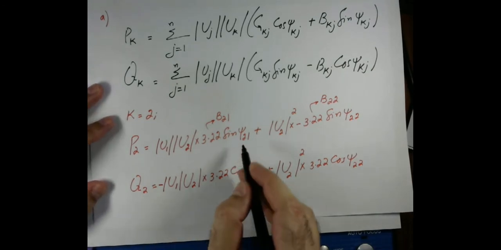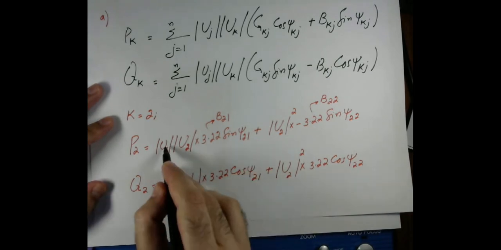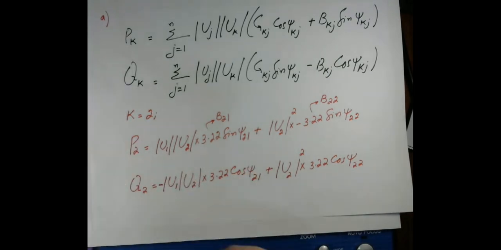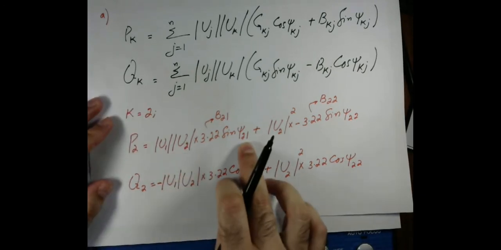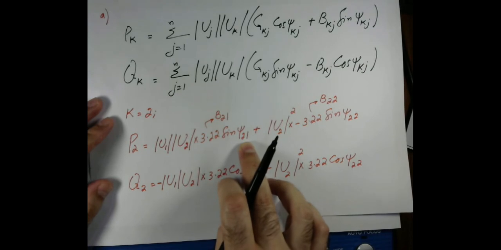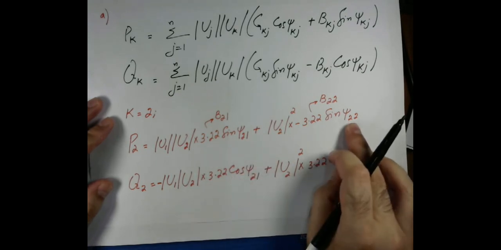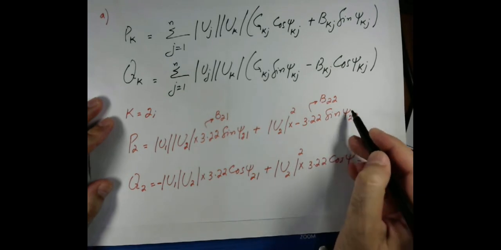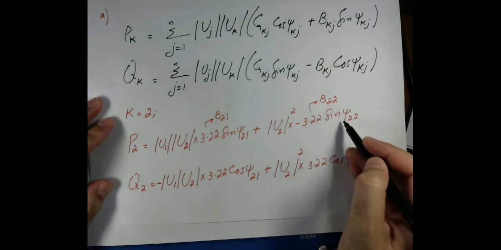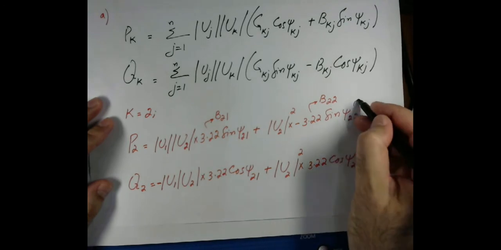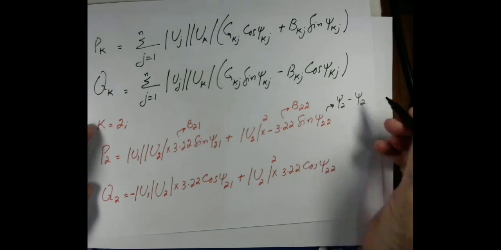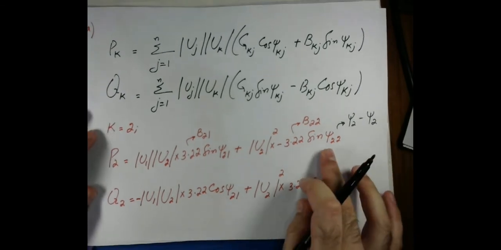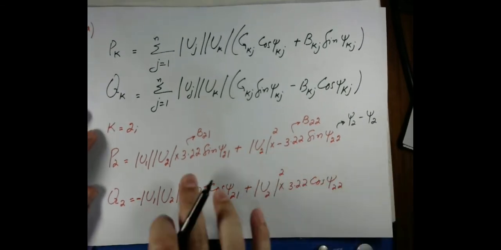So it means this will become 1, and this angle is 0 and the sine of the same angle is 0, so this term will become 0, as this is psi 2 minus psi 2, and the sine of the angle is 0, so this whole term will become 0.